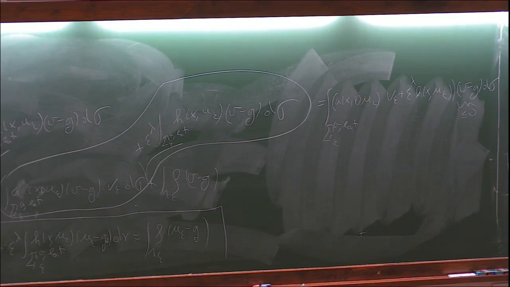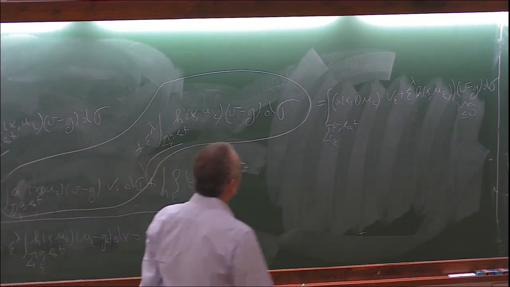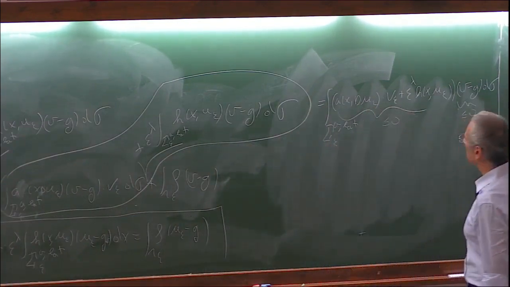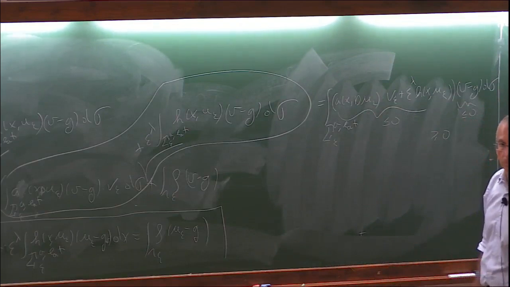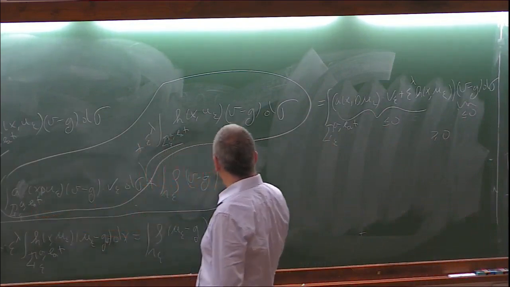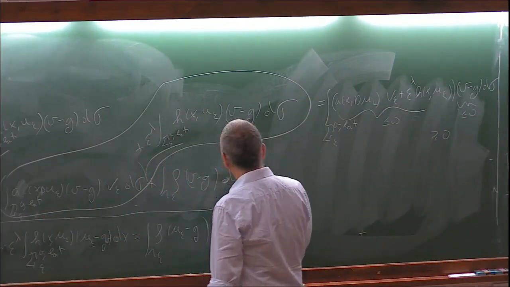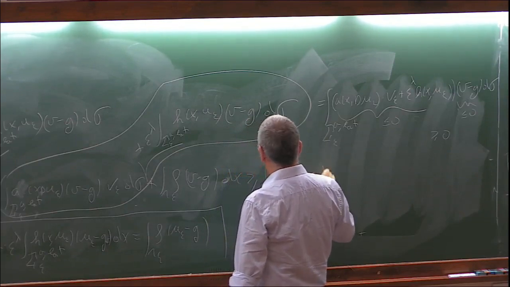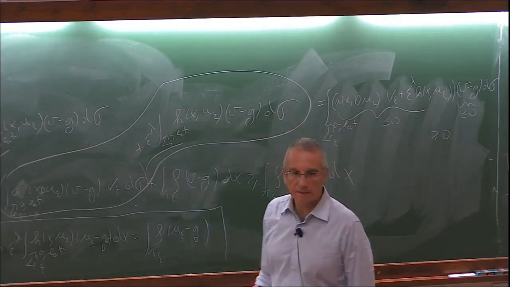Okay? Then this term is greater than 0. Then this integral in the x is greater than the integral on omega epsilon f v minus g in the x.